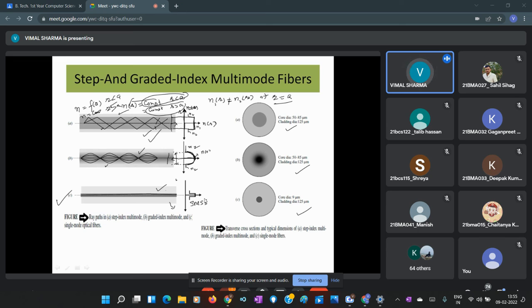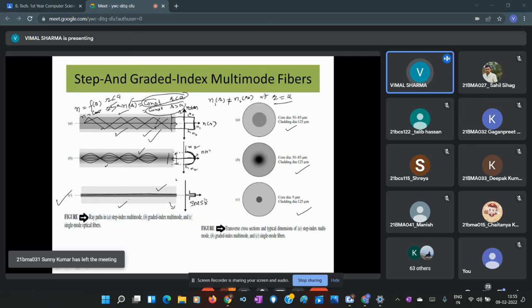Here we can see that a ray goes straight up to the core cladding interface, because the change in refractive index is only at that interface. So bending is only at the core cladding interface, and that bending is also total internal reflection. Rays move in a zigzag manner, and they remain straight between two successive total internal reflections in case of a multi-mode step index fiber.